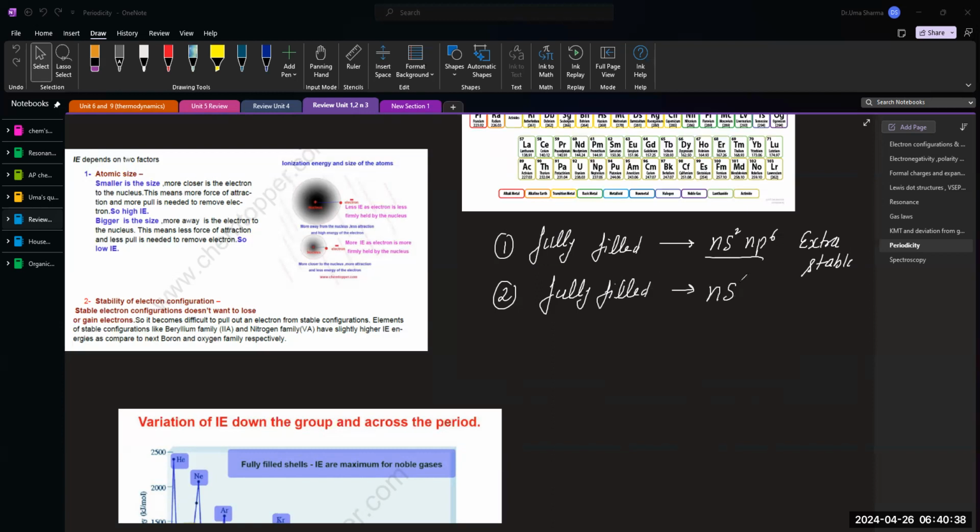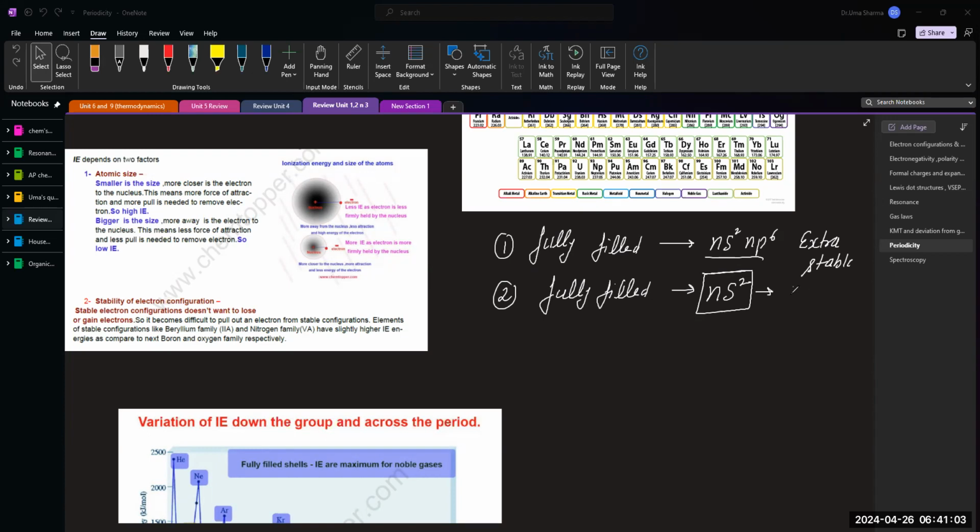So which family has ns2? Can you identify the family? With 2 valence electrons. Which family is this? 2 valence electron, children. Group number tells you the valence electrons.